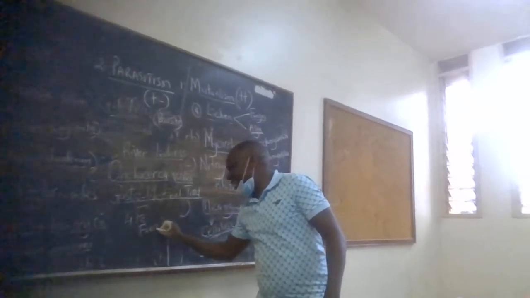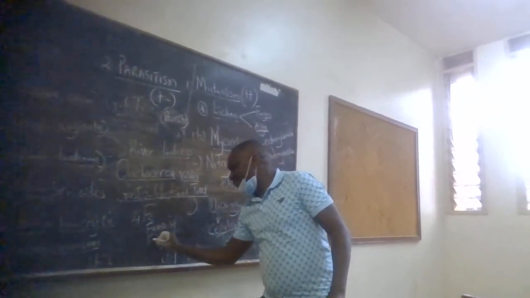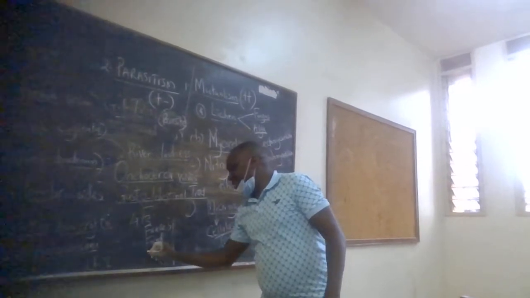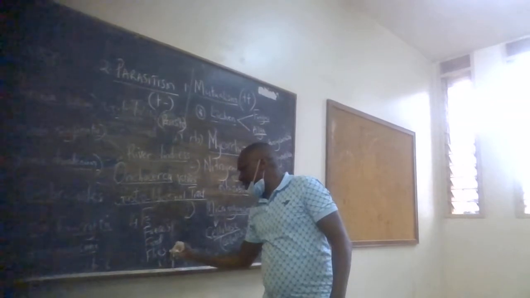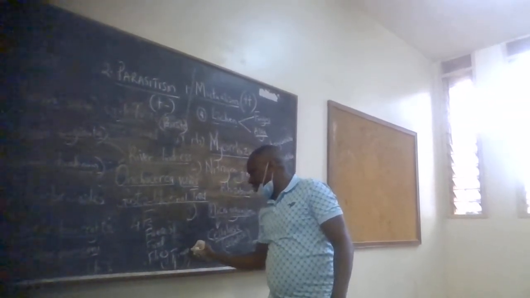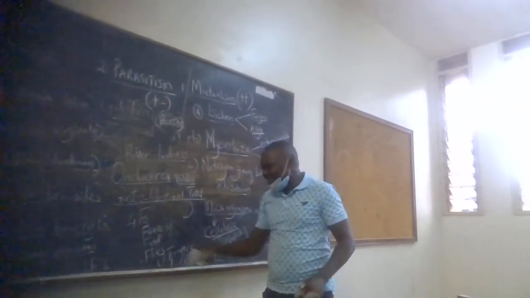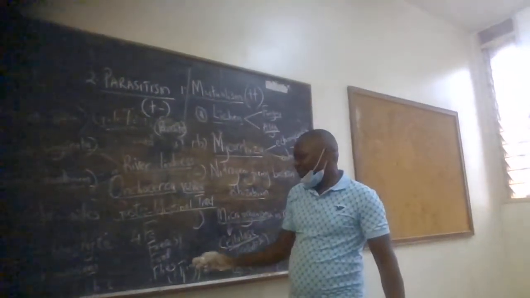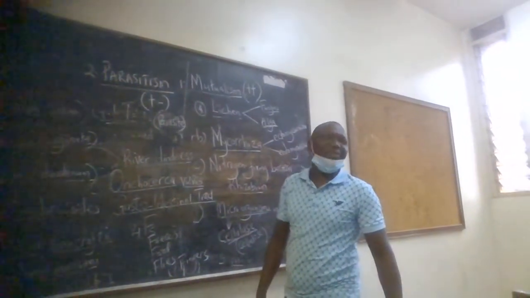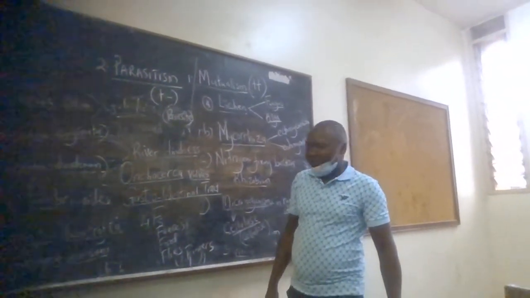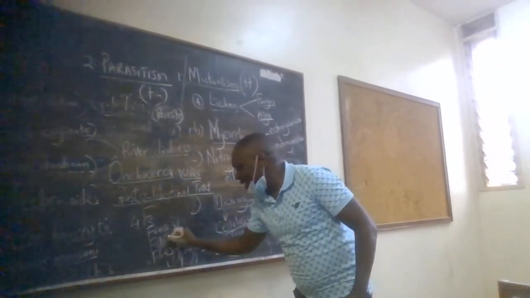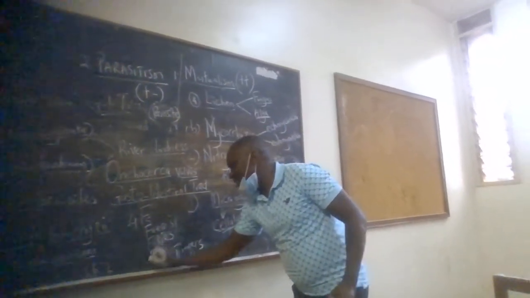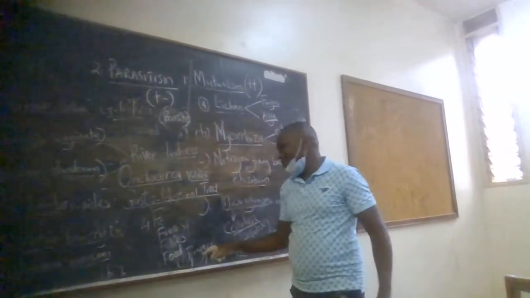Food, fingers, flies, and feces. Who can narrate the story? What is the transmission mechanism of the 4 F's? Feces go to flies, then to food, then to fingers.